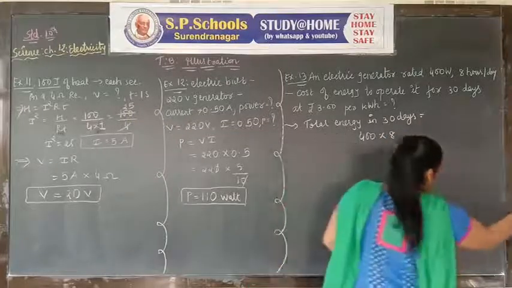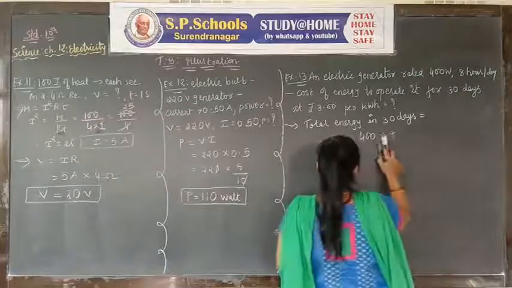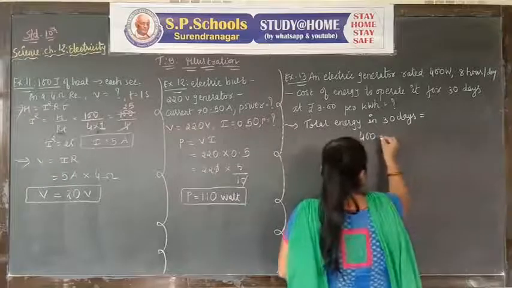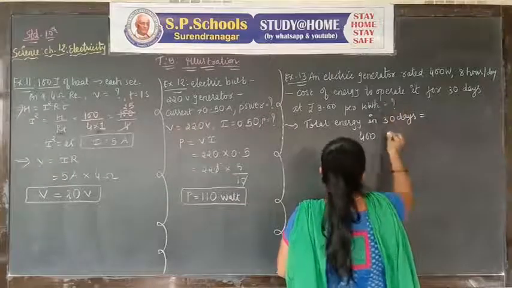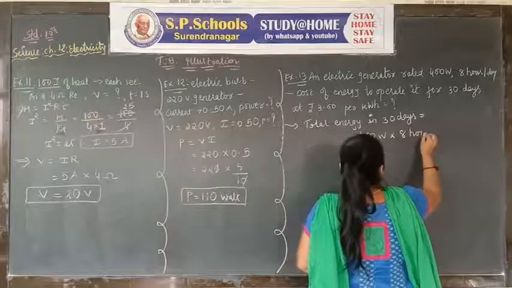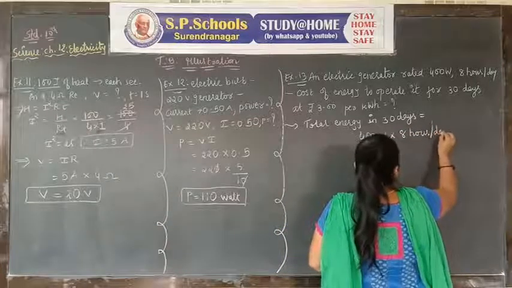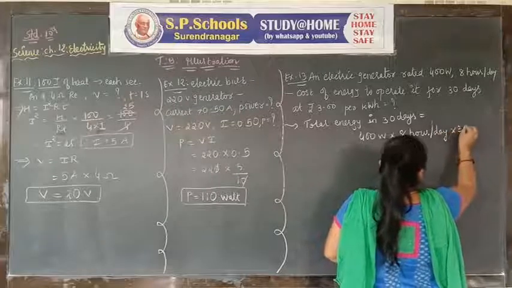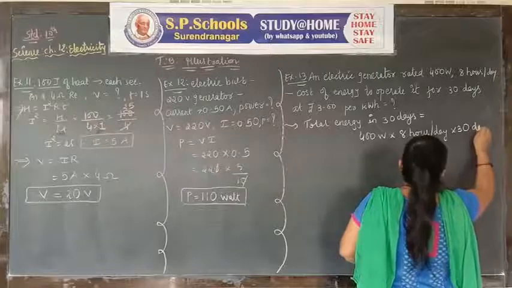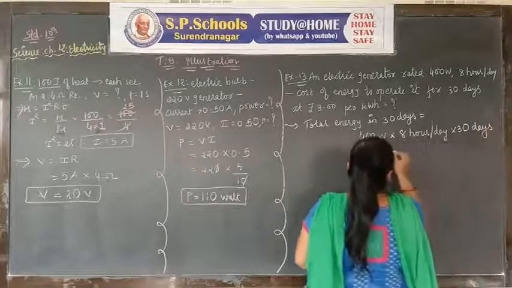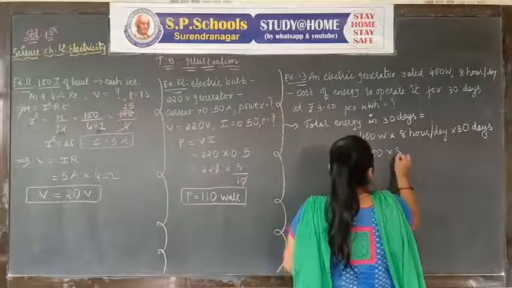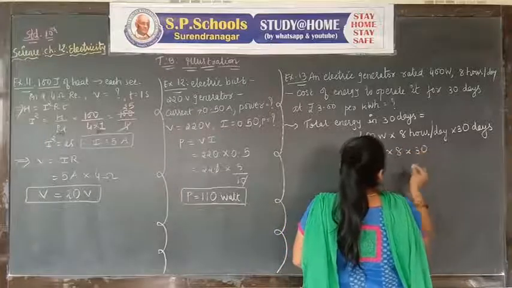If we write the units, we write 400 watt into 8 hour per day into 30 days, is equal to 400 into 8 into 30.